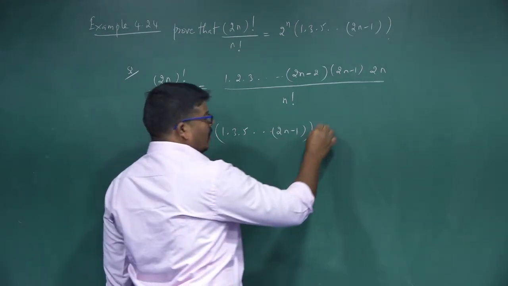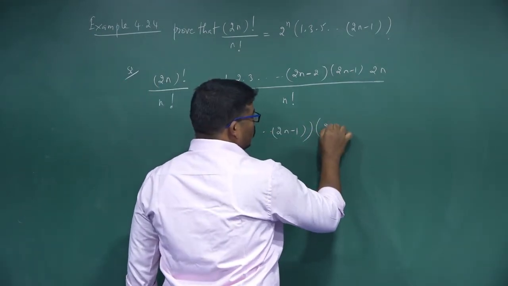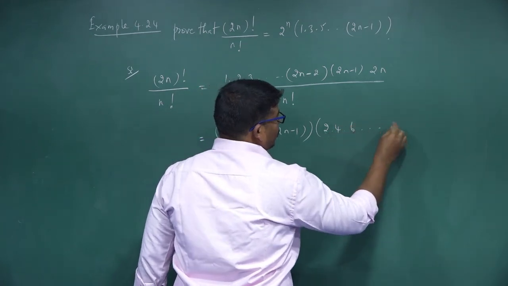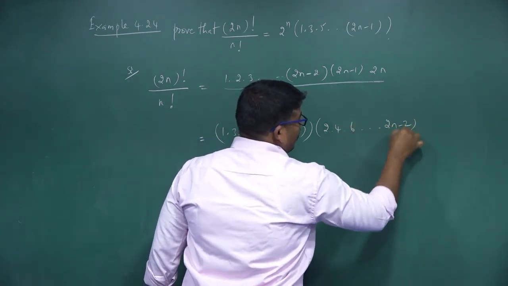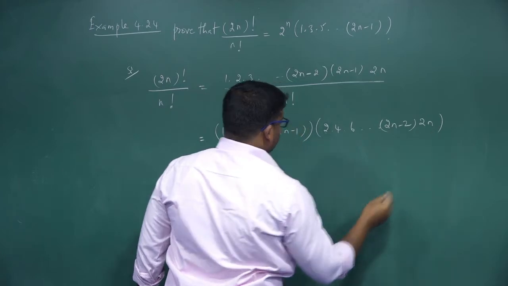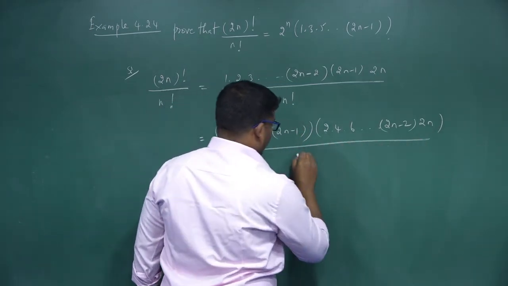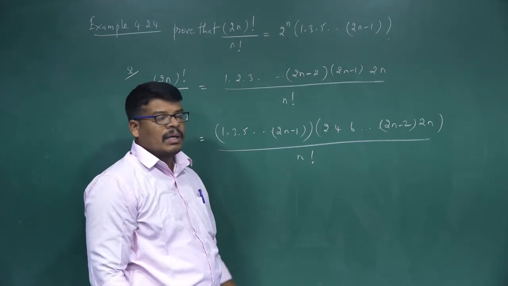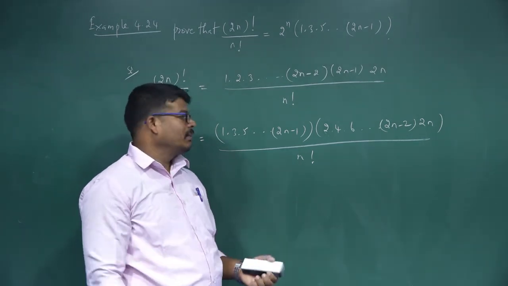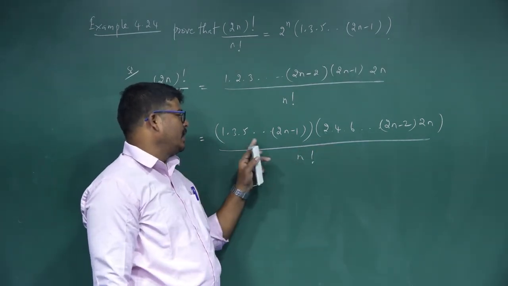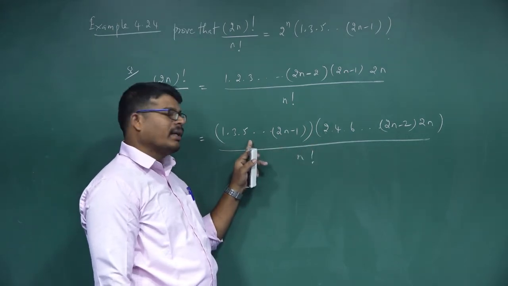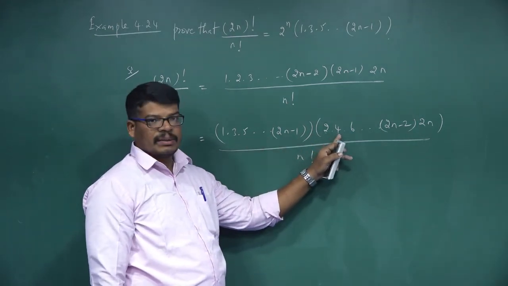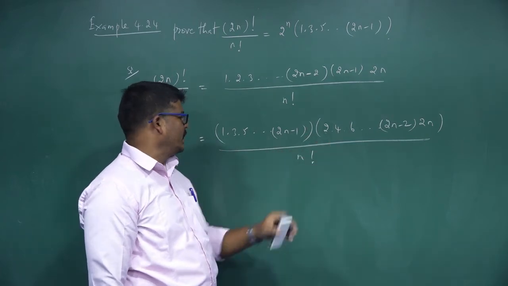And even terms are 2, 4, 6 and so on up to 2n minus 2 into 2n, divided by n factorial. Now group the odd and even terms separately: this one is odd terms, this one is even terms.